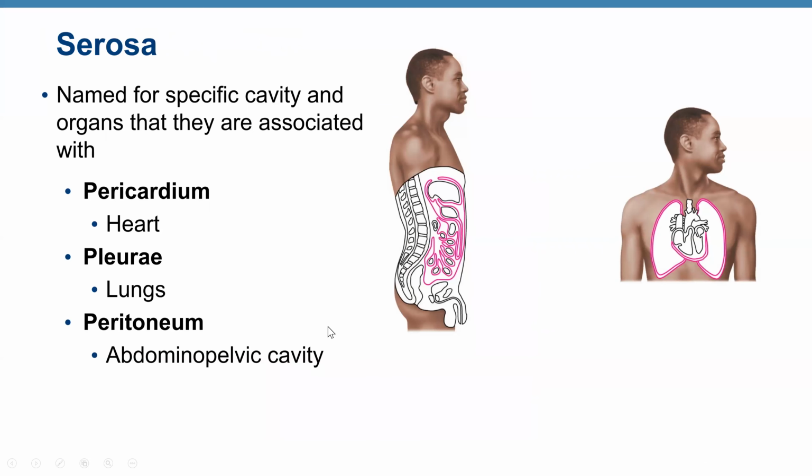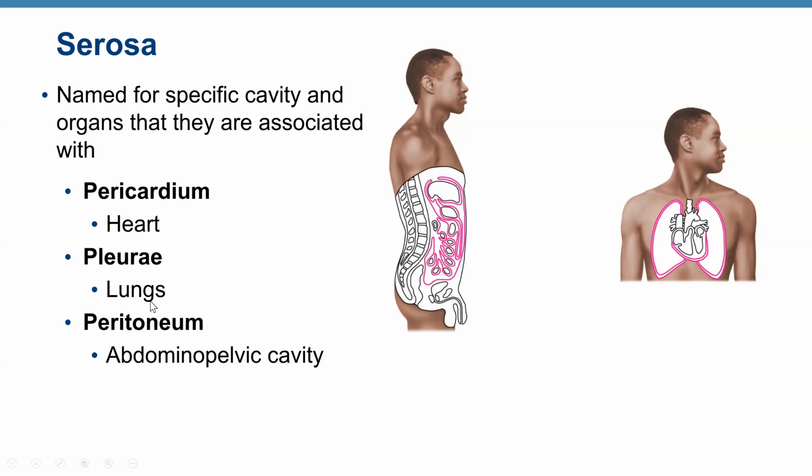Now, because serosa is the membrane of the ventral body cavity, and in the ventral body cavity we have pleural cavity, pericardial cavity, then abdominal cavity, serosa is named for the specific cavity and organs that it is associated with. Serosa that covers your heart is pericardium.